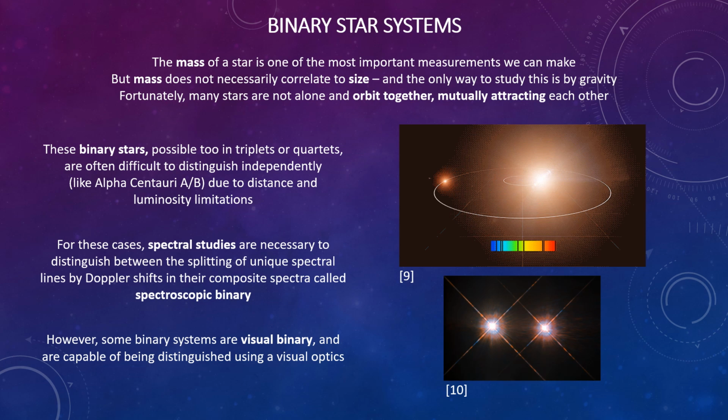So binary star systems are one of the most common types, but you can also have triplets or even quartets of stars. And these are often very difficult to distinguish independently because they're very far away, and sometimes one of the binary partners is way less luminous than the other, and so its light is greatly dwarfed by its much brighter partner.